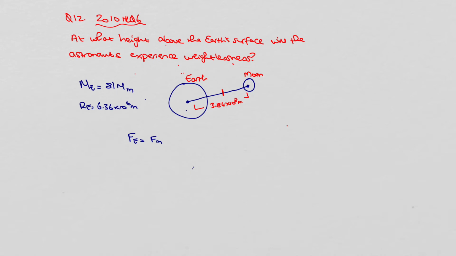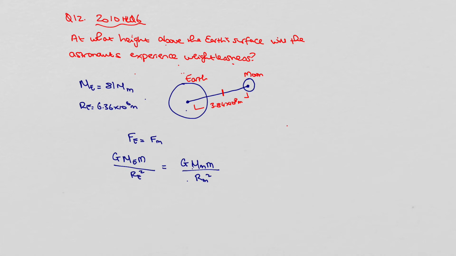So of course, if I sub in my values, then we have the universal gravitational constant G, the mass of the Earth and the mass of the astronauts, over the distance squared, which is going to equal, not the mass of the Moon there, it's the mass of the astronauts, G times the mass of the Moon times the mass of the astronauts over the distance to the Moon squared.